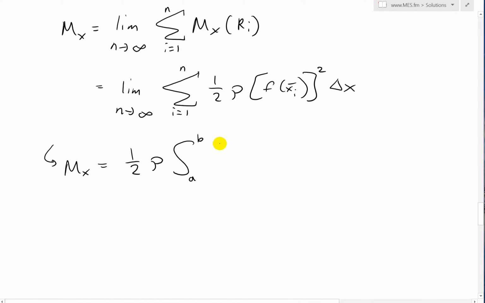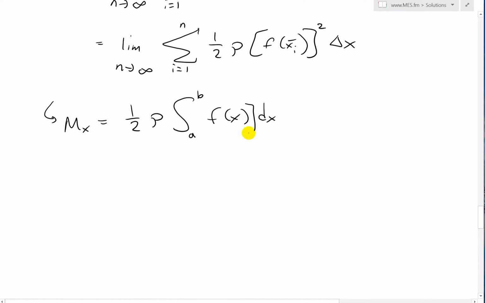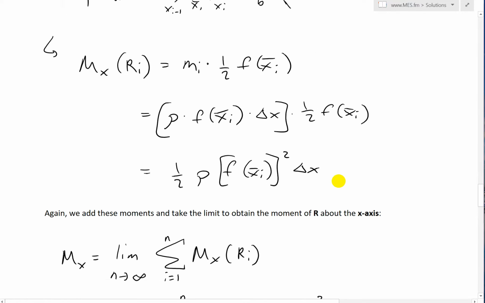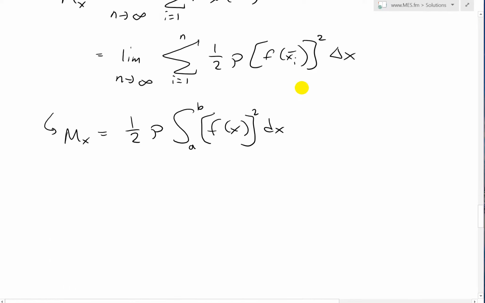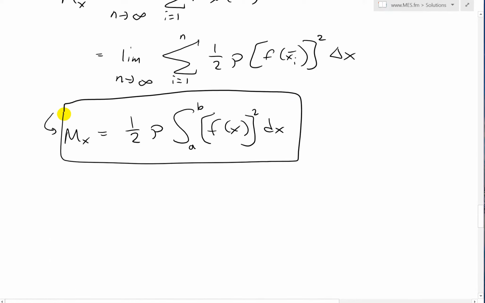Since delta x is infinitely small, this xi, the center of it, is roughly equal to both endpoints, xi and xi minus 1, and we'll call that x, and then dx for infinitely small, of f of x squared. So we square this whole thing. That's the formula for this moment, and I'll circle this one.